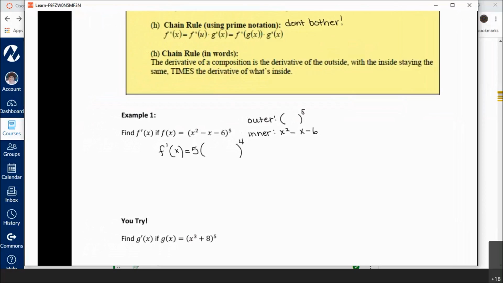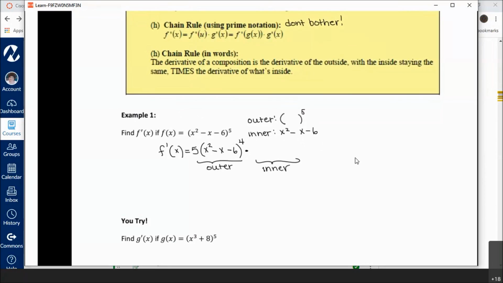Remember, in words it said leave what was in the parentheses alone. That was x squared minus x minus 6, and that's just coming across. So here's the outer function, I'm differentiating the something to the fifth. Now I'm going to multiply that by the derivative of the inner function, which is my quadratic.